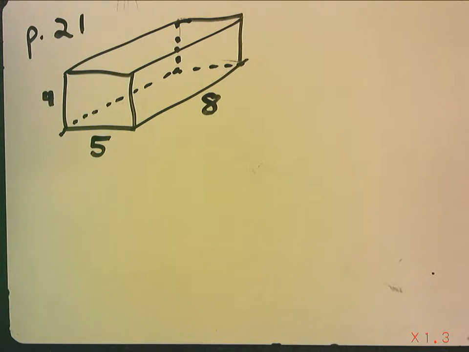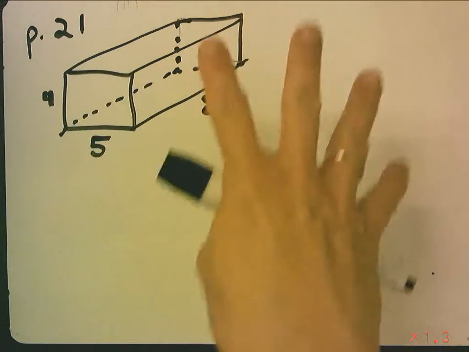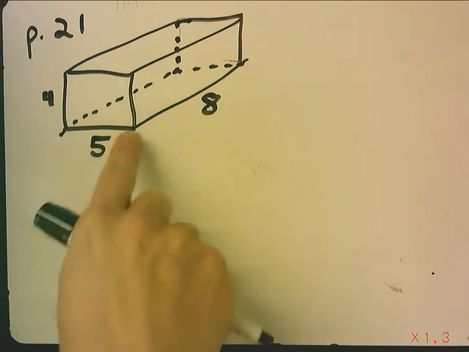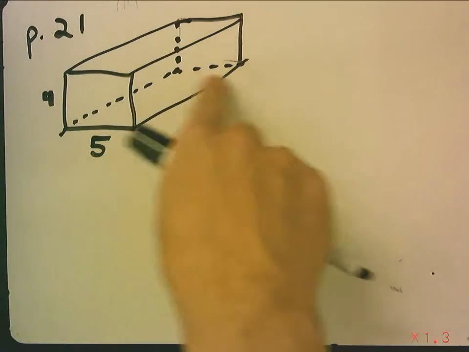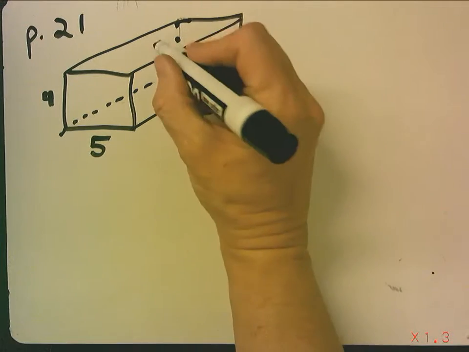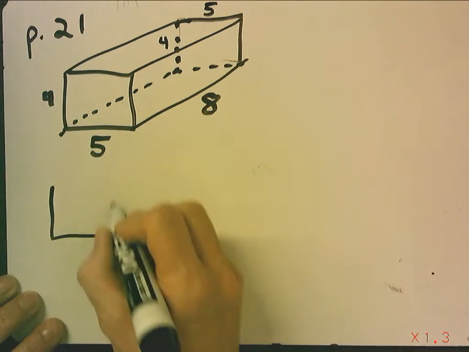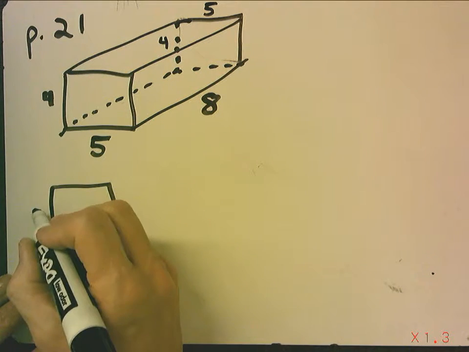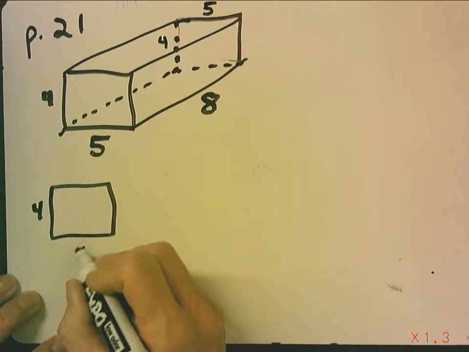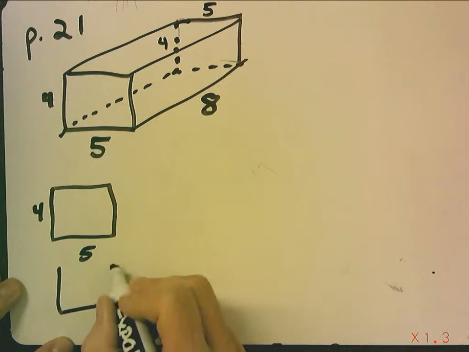Now, if I break this down into the 6 faces, I have a face in the front that's the same as the face in the back. This is 4, this is 5. So I have 2 faces that are 4 by 5.